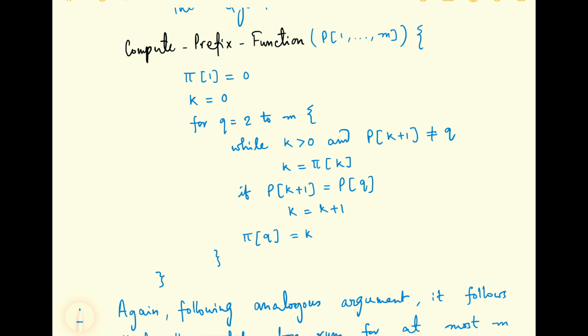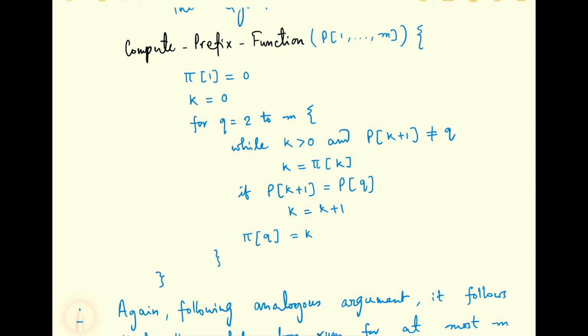Then we run a loop for q equal to 2 to m. In the qth iteration we will compute the value of pi q, and again we are using k.